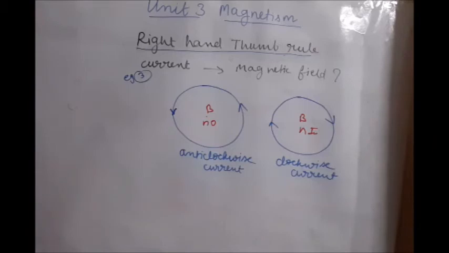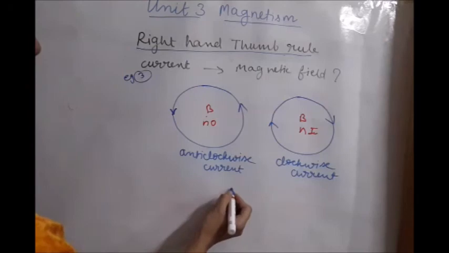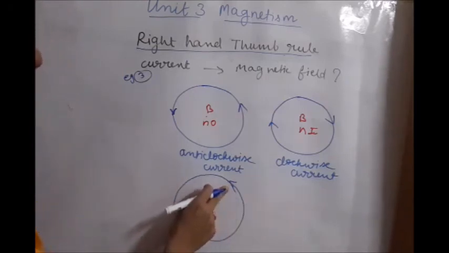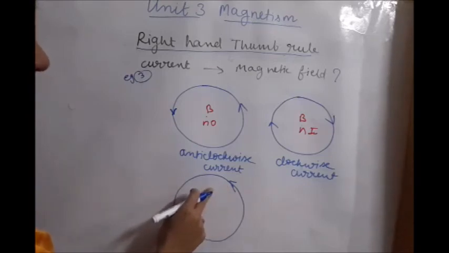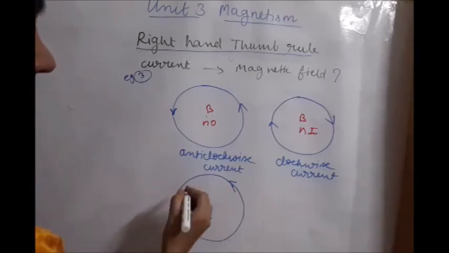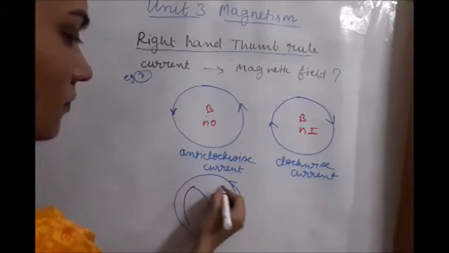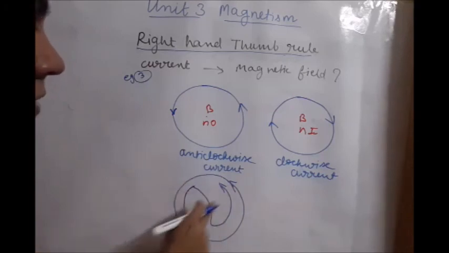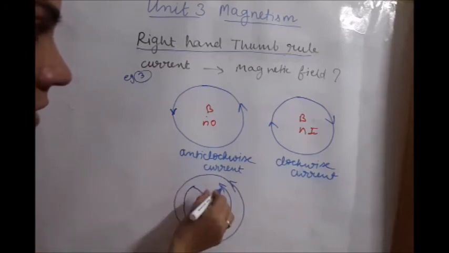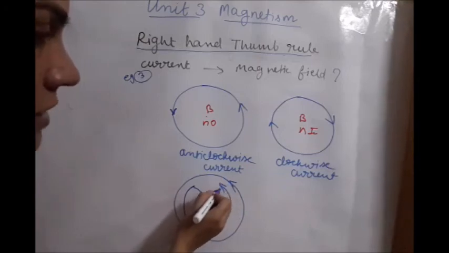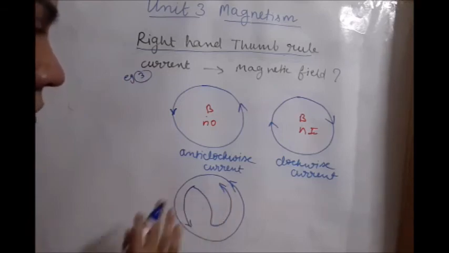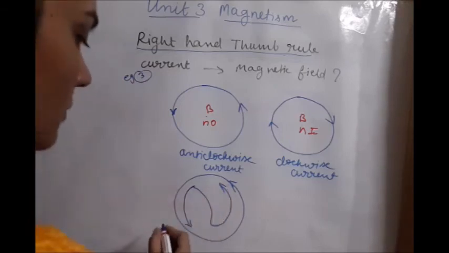Okay, I will tell you now the method to remember. Let us understand. Anti-clockwise current is actually a pole, and that is the N pole. You can draw an N and you can see that the arrows should match. The current direction and the N pole arrow should match. So how to remember?